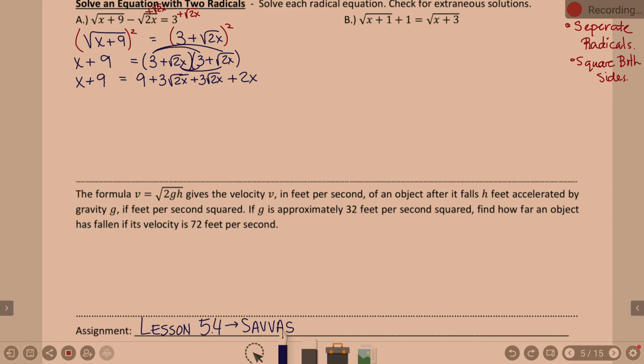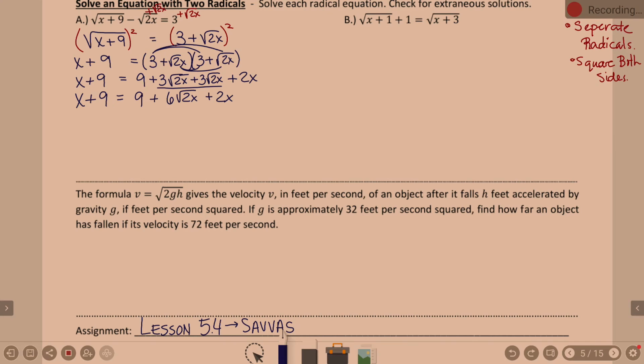Now, clean up that right side. So I still have the x plus 9 on the left. On the right, I have a 9. What's 3 square root of 2x plus 3 square root of 2x? 3 plus 3 is going to make it 6 square root of 2x. Plus I still have a 2x. Okay, guys.